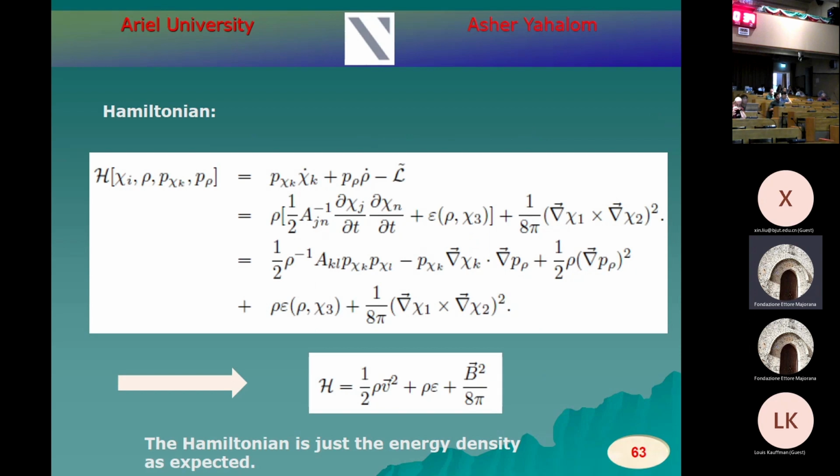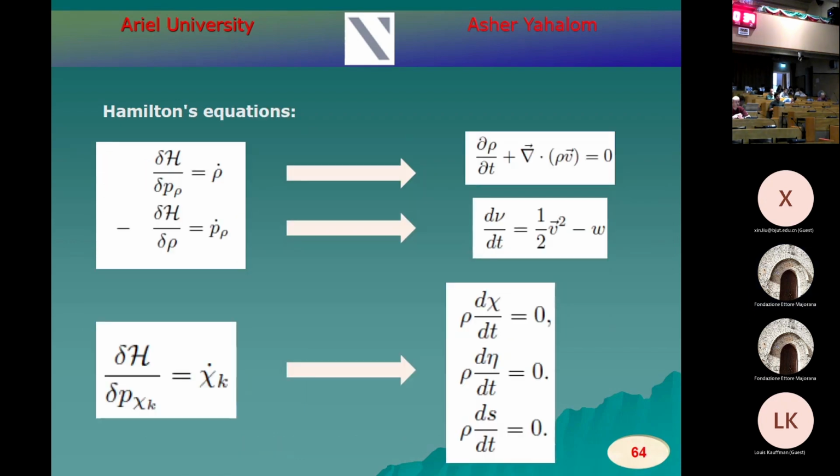And you put it back, you calculate the Hamiltonian density in the standard way, and you will not be surprised that this Hamiltonian is just the energy density of the flow. And all the equations can be written as Hamiltonian equations in this form.